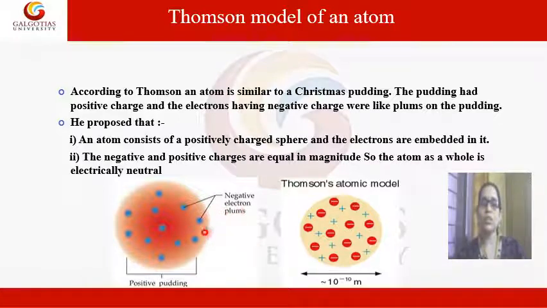The limitations in Thomson's model were carried forward by Rutherford, a British physicist, who did an experiment and proved that Thomson's model cannot totally describe the structure of the atom. Then let us see what is Rutherford's atomic model.